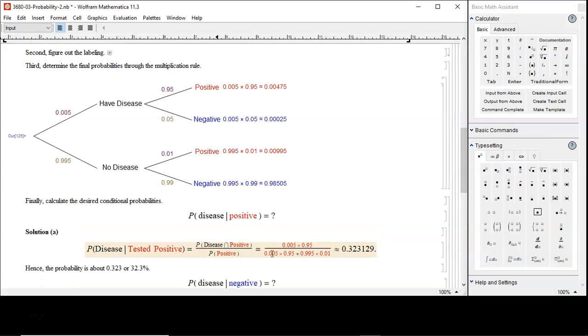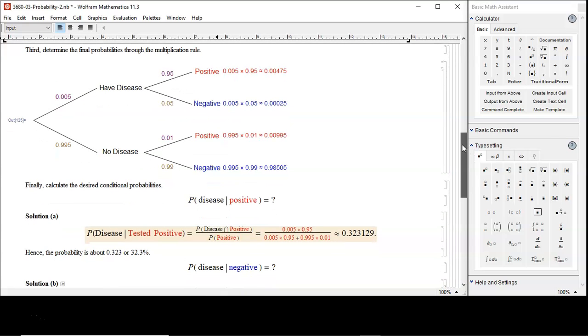You see, all the red go down, and among those, this one on top is the one you're particularly interested in. Calculating it out, you get 0.32 something, about 1/3 probability. So there's about a 1/3 chance you actually have the disease, even when you have a positive result.